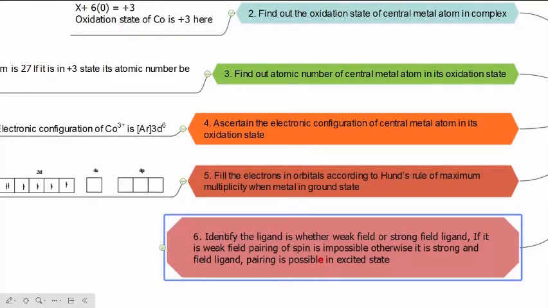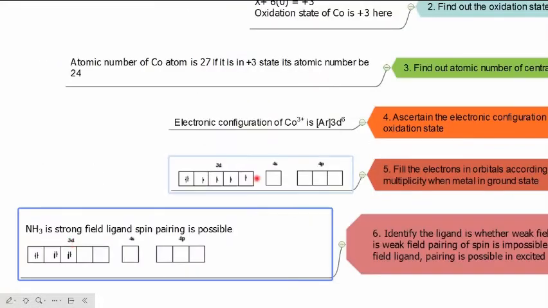If it is a weak field ligand, spin pairing is impossible. Otherwise, if it is strong, pairing is possible. Ammonia is a strong field ligand. Spin pairing is possible. All the 6 electrons are paired and we have 3 d orbitals, 1 s orbital and 2 3d orbitals vacant.